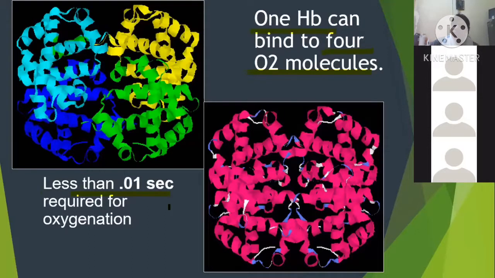Okay, so you know 1 second, right? How fast it moves, and here it is not even 1 second. It is 0.01 second. Again, it is not just 0.01 second. Less than 0.01 second is required for the oxygenation, which means to say so much of affinity it has to bind to the hemoglobin or the heme.